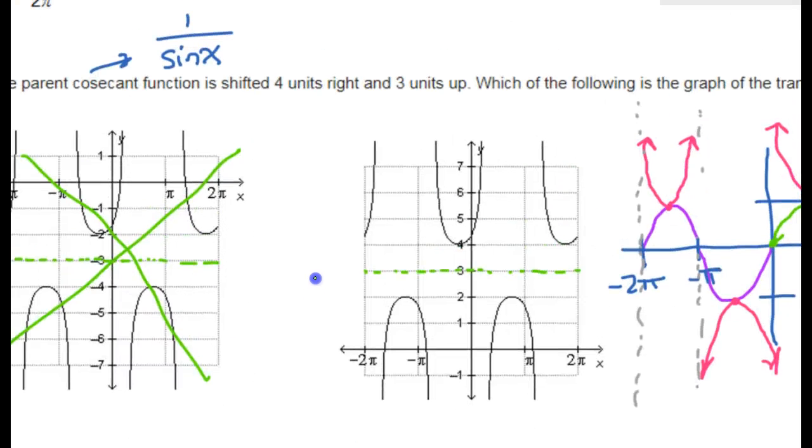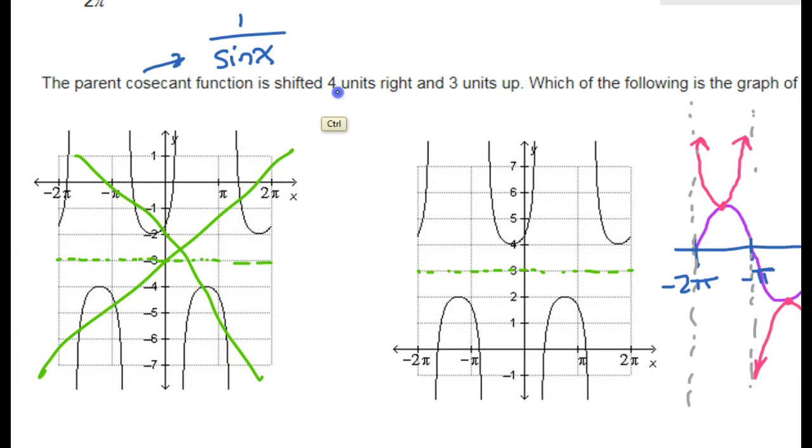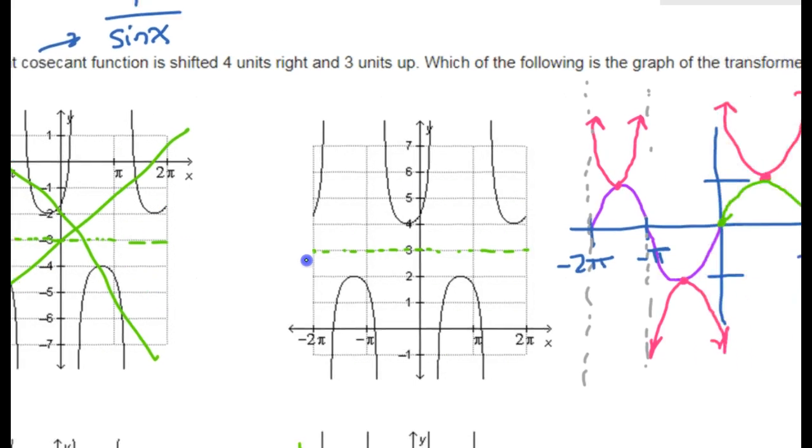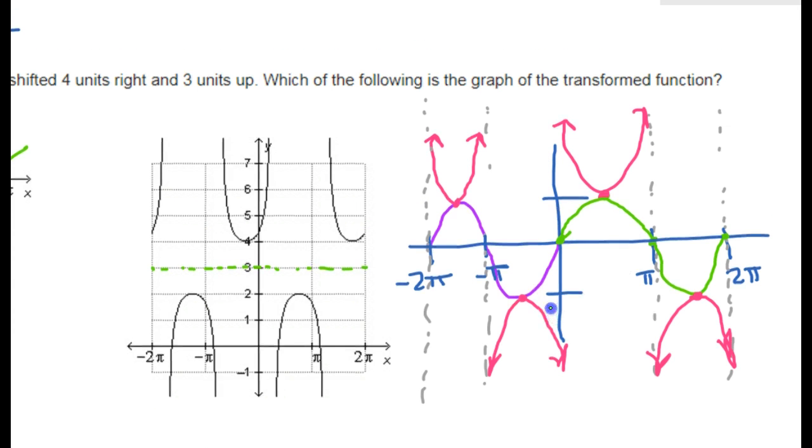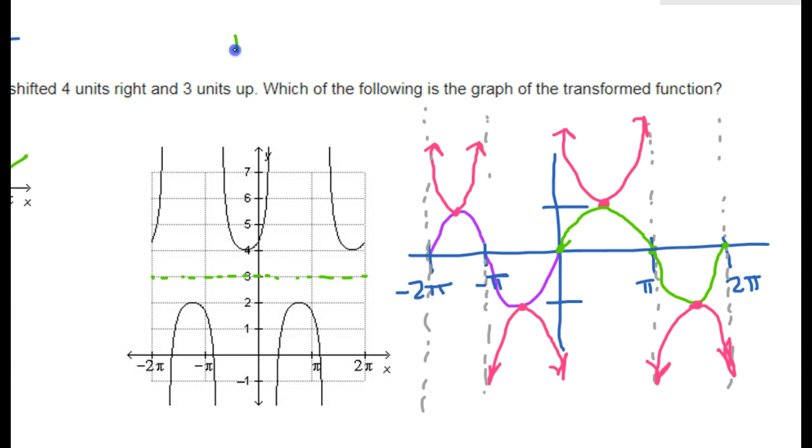Now let's talk about shifting 4 units to the right. What would that look like? Here's the key. Remember that pi is approximately 3.14.